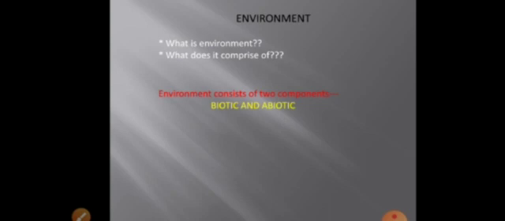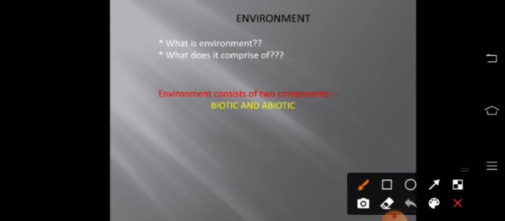And if we broadly classify the environment, then environment has two components, biotic and abiotic. Biotic component refers to the living component of our environment, and abiotic component on the other hand refers to the non-living component of our environment.